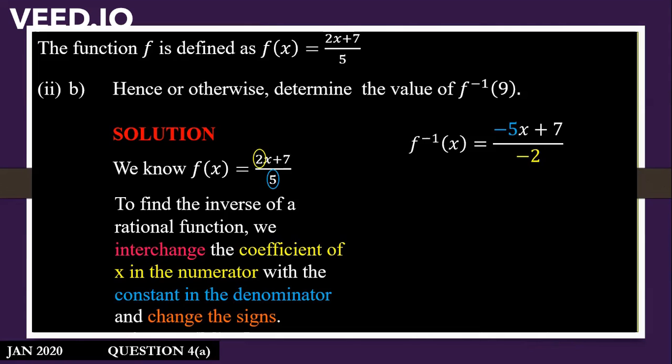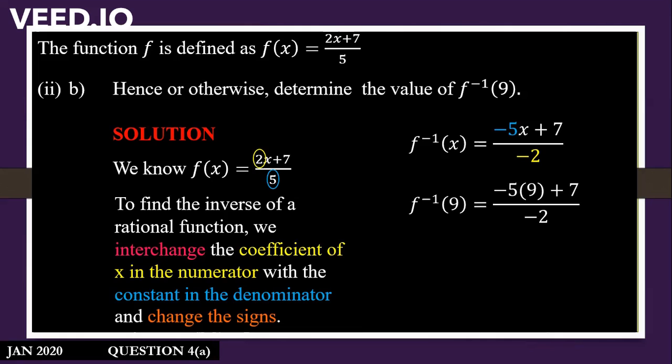Now that we have found the inverse of the function f of x, we can now find the inverse function of f of 9. Here we have an input value. The input value is 9. So anywhere I see x in my inverse function of f, I am going to replace it with 9.